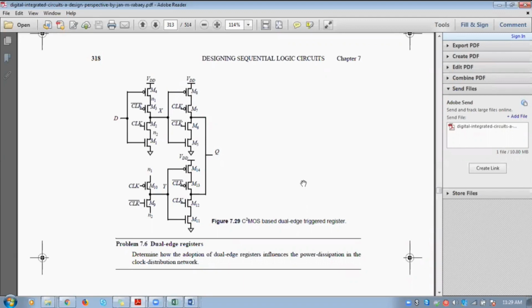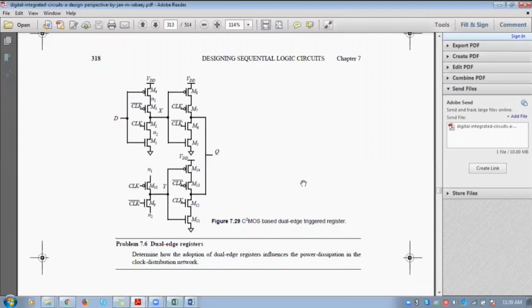In the previous case, your circuit will be active only for the rising edge of the clock or the falling edge of the clock. So throughout a time period, only half of the clock is utilized for the normal working of your design. In the dual edge triggered flip flop, we are utilizing both the rising and falling edge. So the entire time period of the clock is utilized.